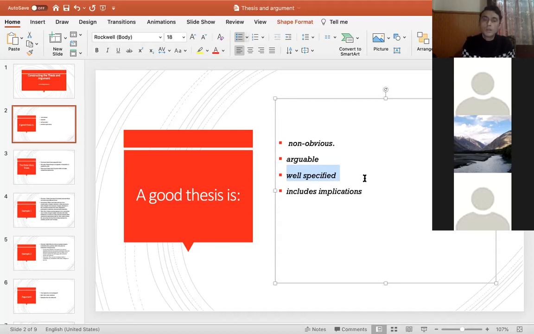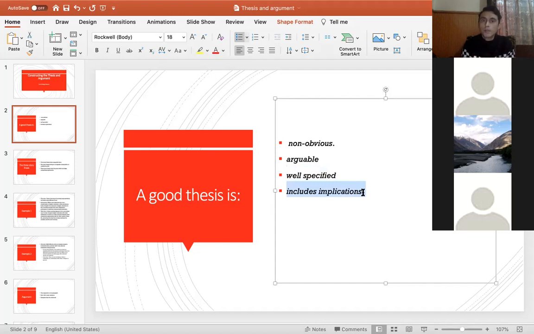So your thesis statement is almost automatically going to be specific to those two editorials. But still, we need to keep in mind that a thesis statement should be specific to a particular topic. And then finally, it should include some implications as well. That means your thesis statement should have some effects beyond that topic too.